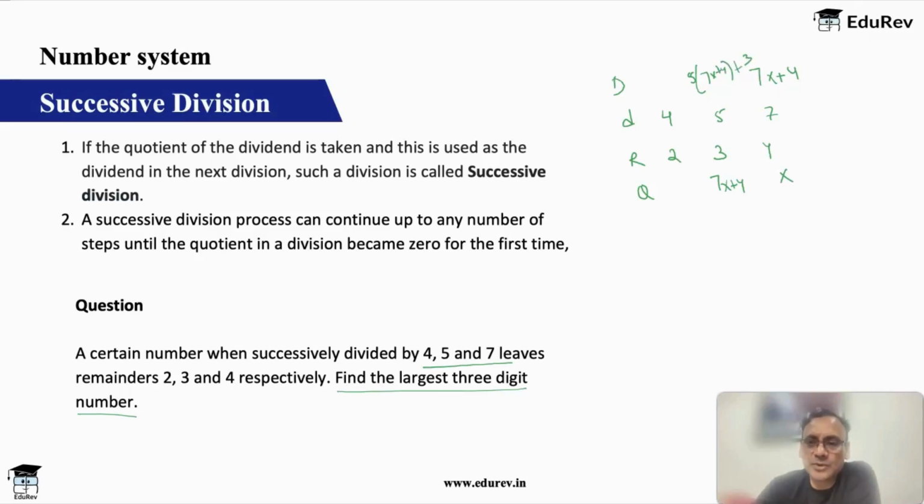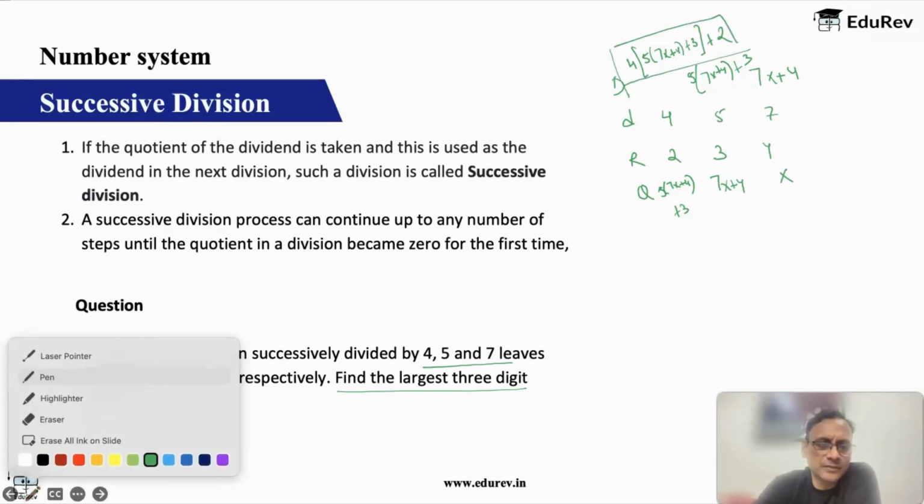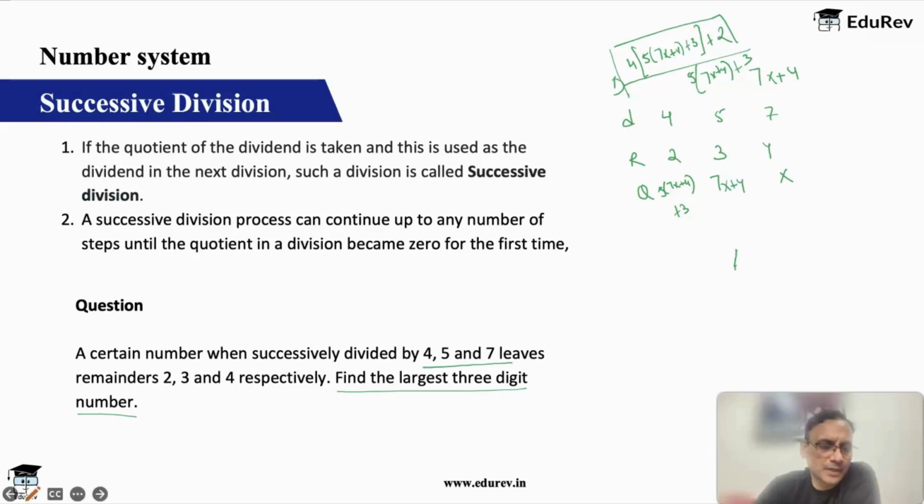This will become your quotient for the first case. So 5 into 7x plus 4 plus 3. Then your dividend will be divisor 4 into 5 into 7x plus 4 plus 3 plus remainder 2. So this becomes my answer. We have just gone in reverse. We have assumed x to be the quotient for the last case.